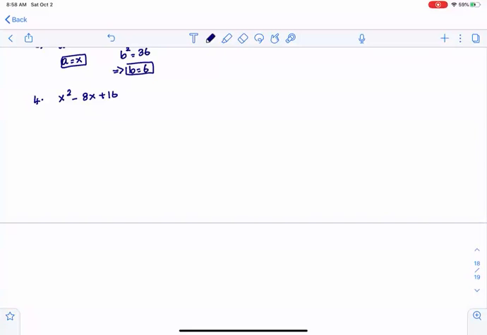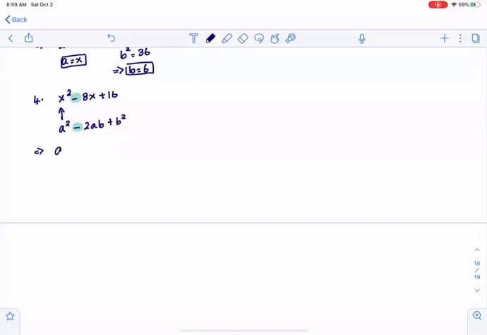So we have x squared minus 8x plus 16. We have a negative there. So we have to use a squared minus 2ab plus b squared, because that negative matches with that negative.